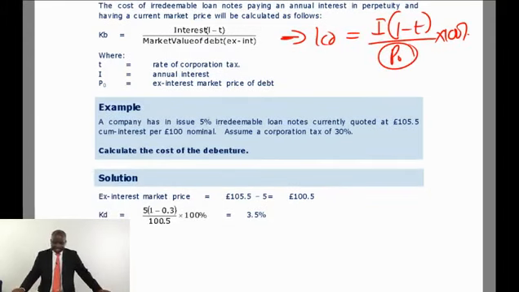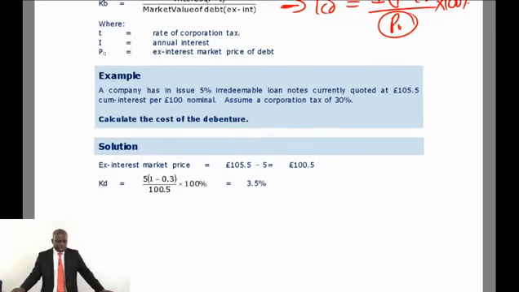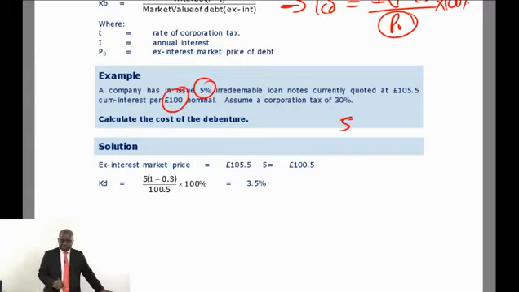So let's take this example. A company has in issue 5% irredeemable loan note currently quoted at 105.5 cum interest per 100 nominal. Assume a corporation tax of 30%. Calculate the cost of the debenture. Your interest, when given to you as a percentage, should be based on the nominal value. So 5% of 100 gives me interest of 5.